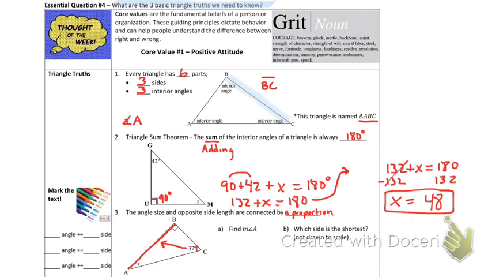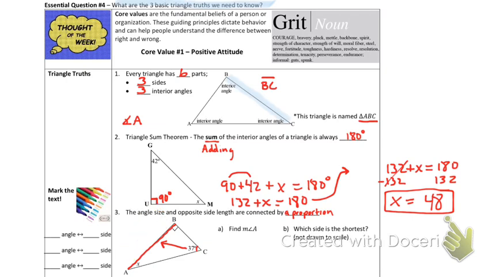What that means is the bigger the angle, the bigger the opposite side. So if angle 37 was bigger, then side AB would have to be longer. That's what it means to be proportional.